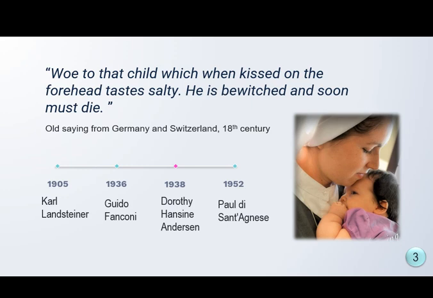This disease was discovered in Europe first because a lot of children tasted salty. There's a saying in Germany and Switzerland that when you kiss the children, if their forehead tastes salty, he's bewitched, cursed, and he will die very soon.